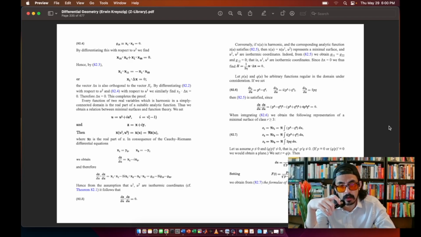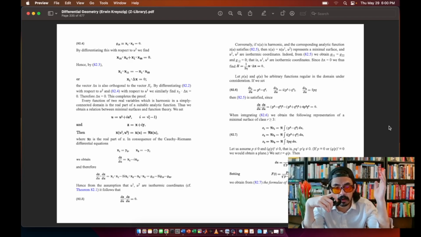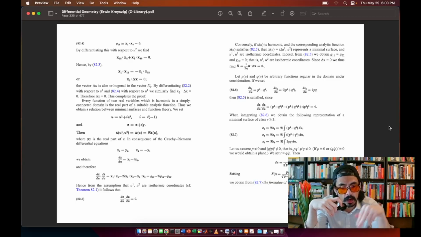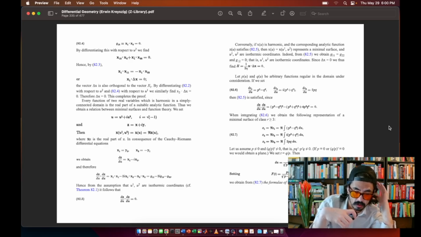Hence, by one of those equivalences of scalar products on the previous page, we have that the scalar product of x sub 1 with x sub 1 1 is equal to the negative scalar product of x sub 1 with x sub 2 2, or in other words, the scalar product of vector x sub 1 with the Laplacian of x equals 0, or the vector Laplacian of x is also orthogonal to the vector x sub 1.